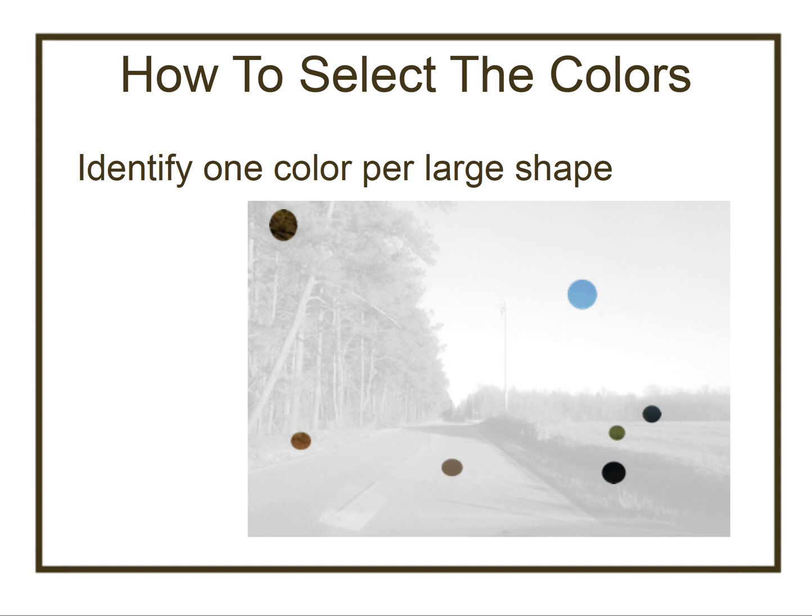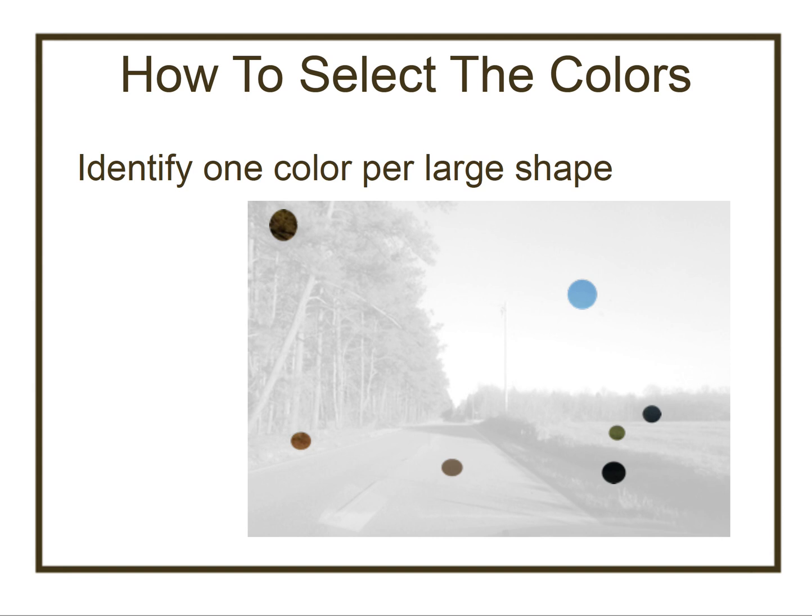In the background, you can see a very, very light grayscale version of the photograph. And on top of the photograph, I've superimposed spots of color that helped me identify which colors to use in my final painting. So you can see both the hue and the value relationships there.